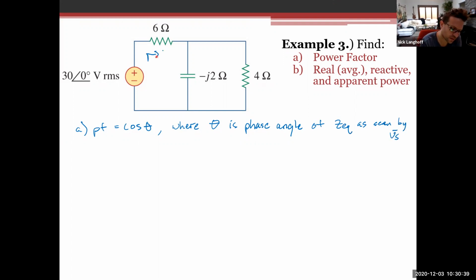So this is ZEQ, the equivalent impedance seen looking into that network.